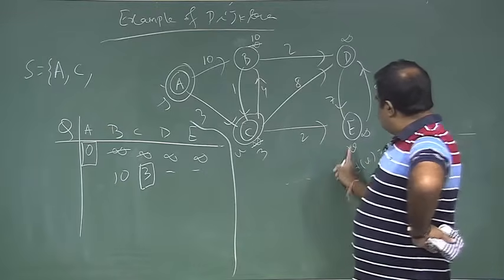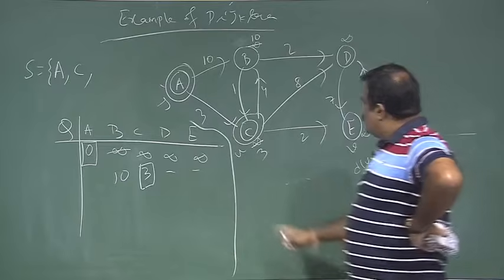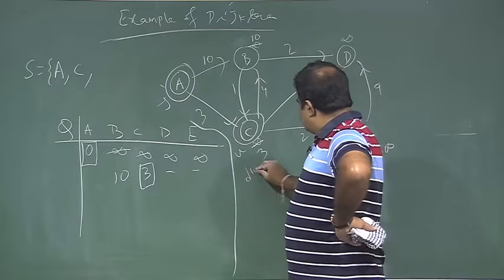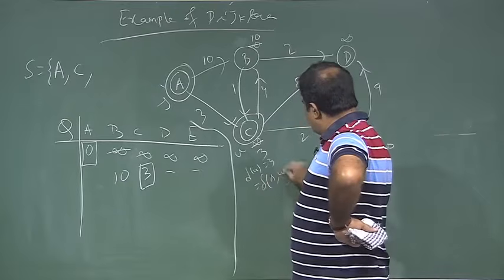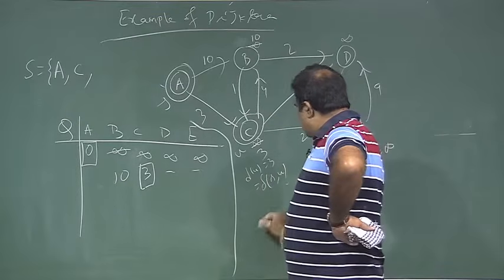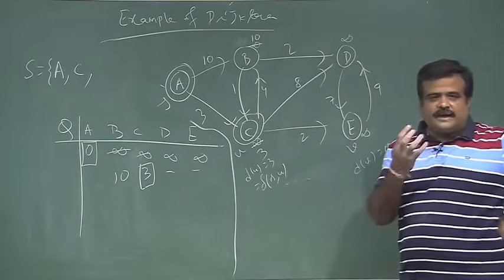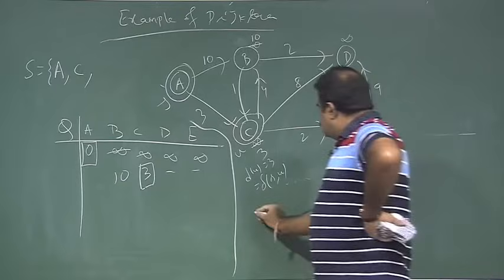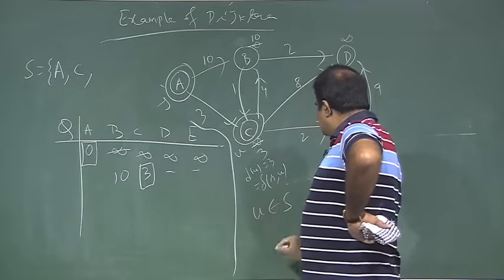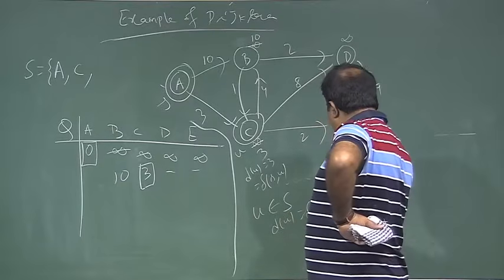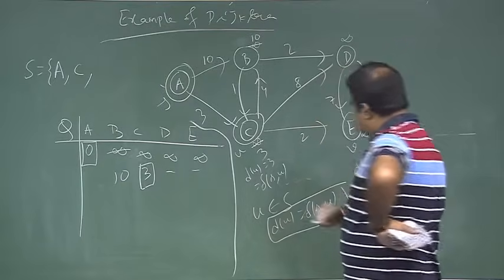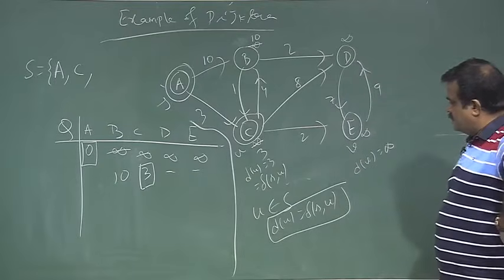Now we have a path from S to this node. How? d of u is 3, which is the same as delta of S comma u. Once u is in S, d of u is delta of S comma u. This is the correctness of Dijkstra's theorem, and the correctness comes from the triangle inequality.